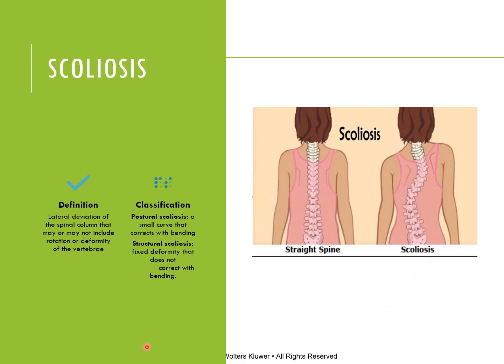So we have some classifications of scoliosis. There's postural scoliosis, a small curve that corrects with bending, and that may not require any treatment at all. And the other is structural scoliosis, where we have fixed deformity that does not correct with bending. So when someone bends over, that lateral deformity remains. And that type is more significant and would potentially require more treatment.